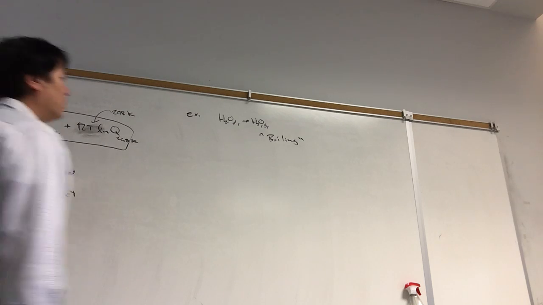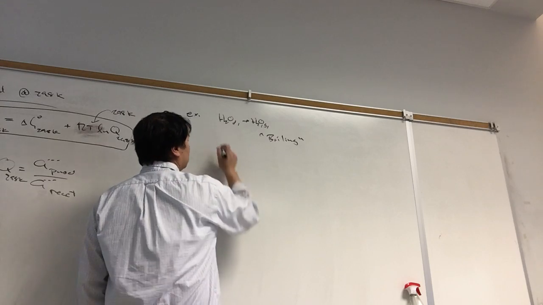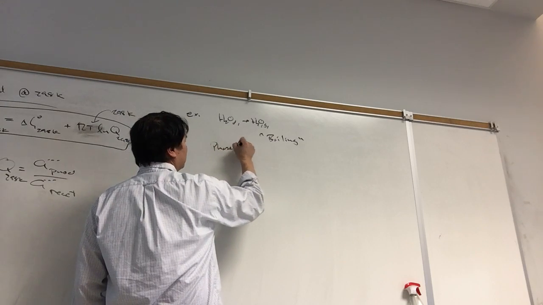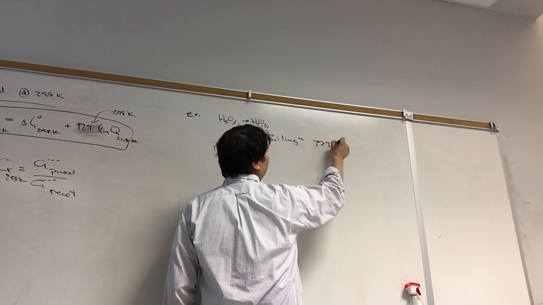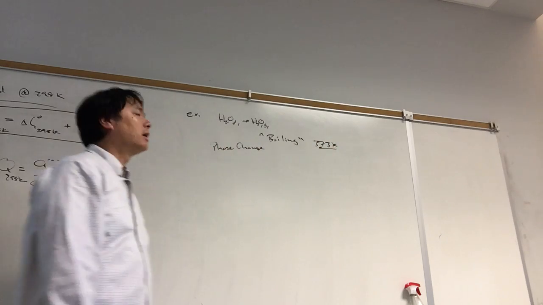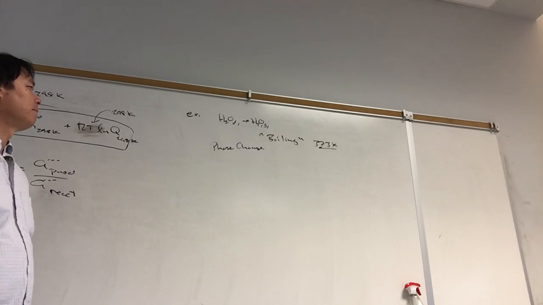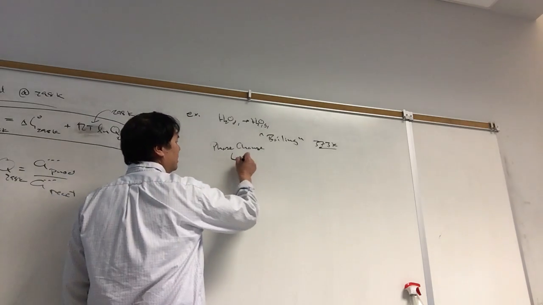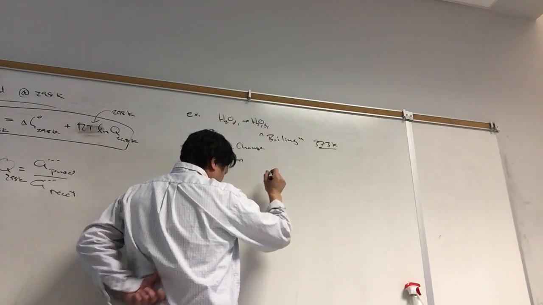This particular process is actually a phase change, so we could use some of these earlier equations. But we know boiling happens at 373 Kelvin, correct? Yes. We know that. It happens spontaneously at 373 Kelvin. But we could try this.